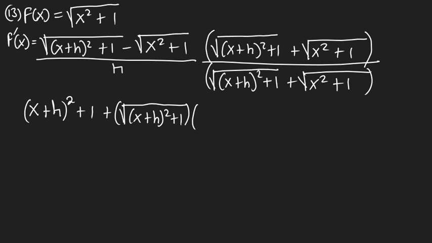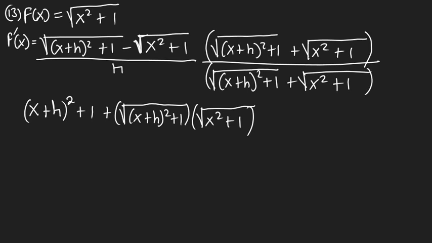Then square root of x to the power 2 plus 1. Then minus this, minus square root of x to the power 2 plus 1 multiplied by square root of x plus h to the power 2 plus 1.